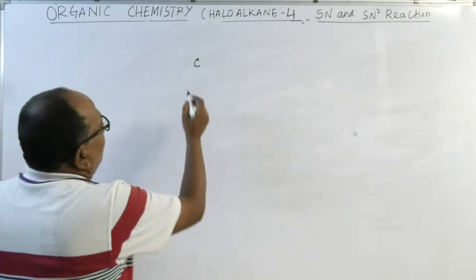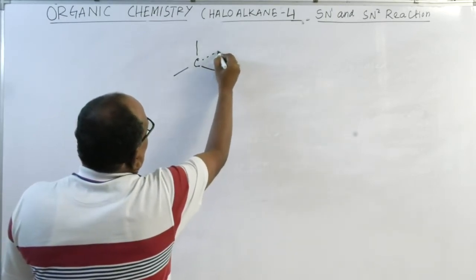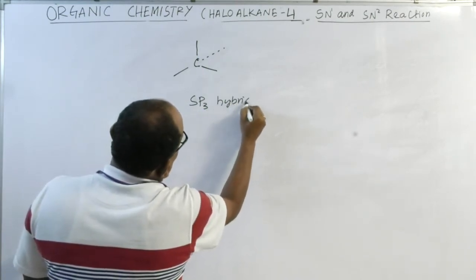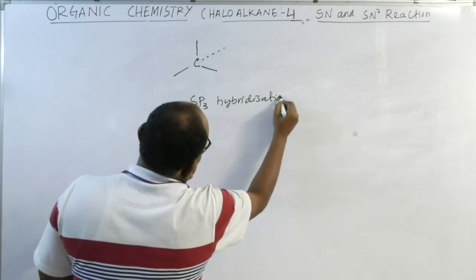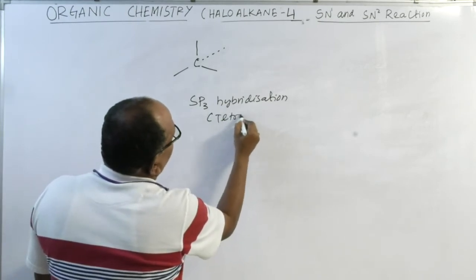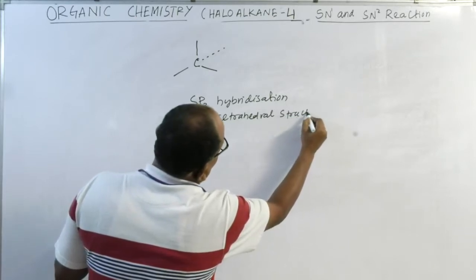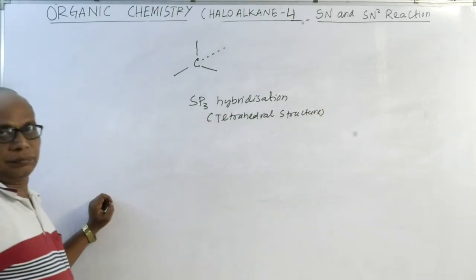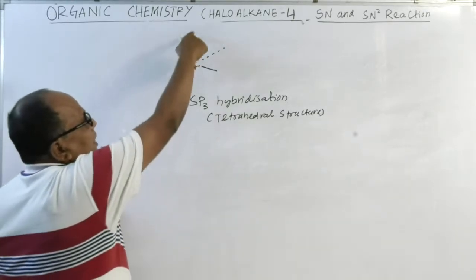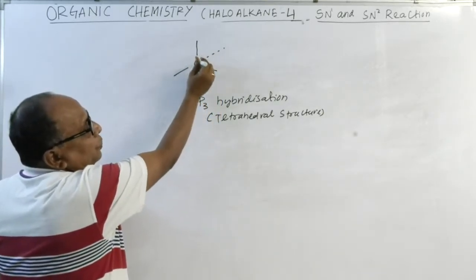If the carbon atom undergoes sp3 hybridization, then it has a tetrahedral structure. This is your tetrahedral structure, and this is one bond, this is another bond, this is another bond, and this is a bond perpendicular to this bond.